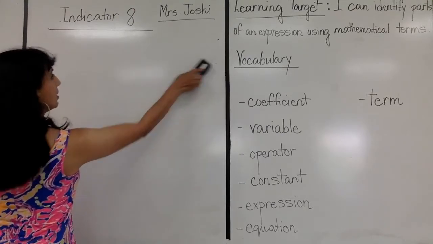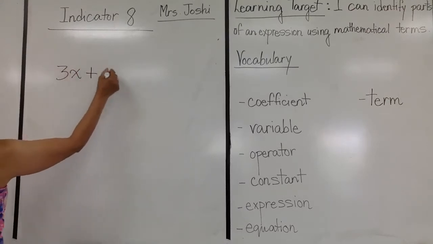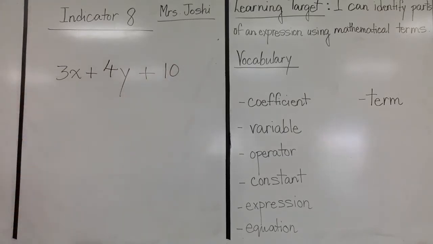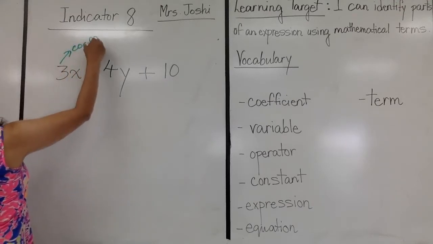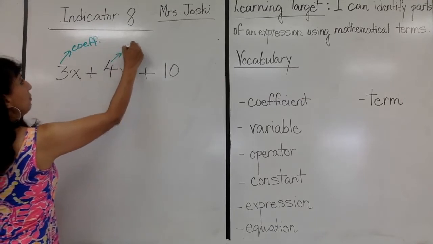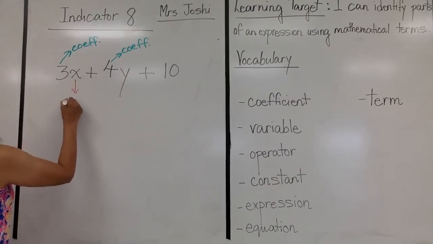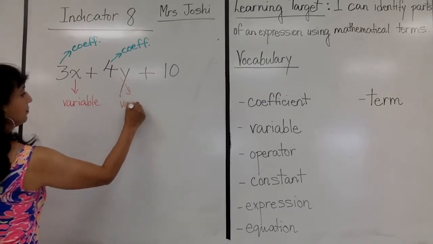If I give you 3x plus 4y plus 10, now you can look and identify that 3 is your coefficient, and 4 is your coefficient, because both of these come before the letter, which is called the variable. So this is your variable, and this is your variable.